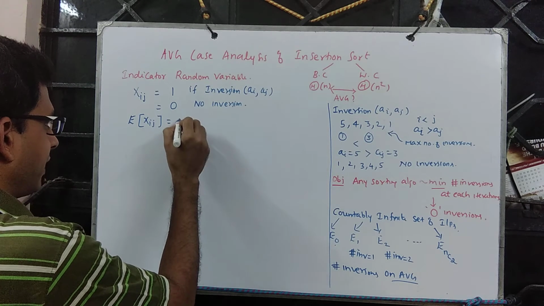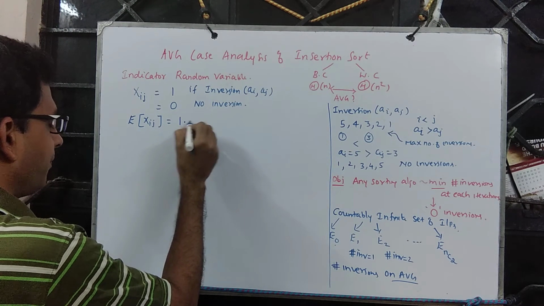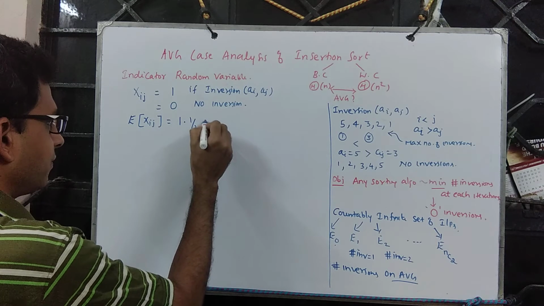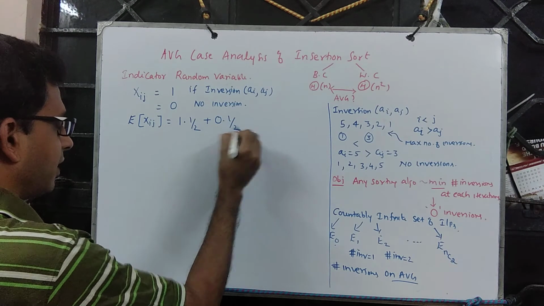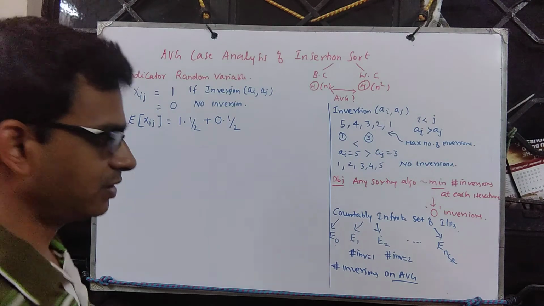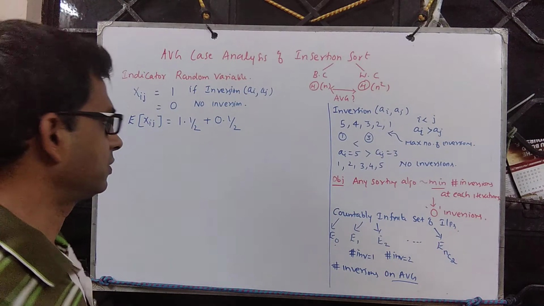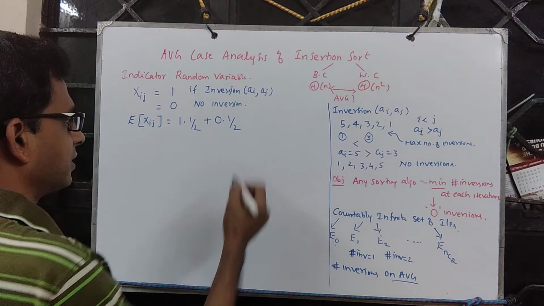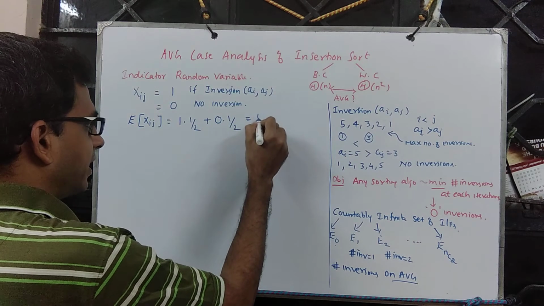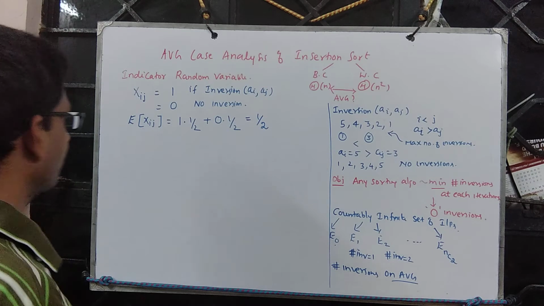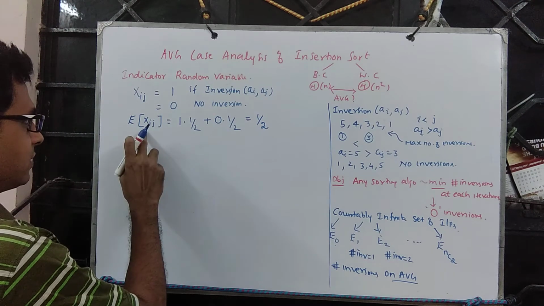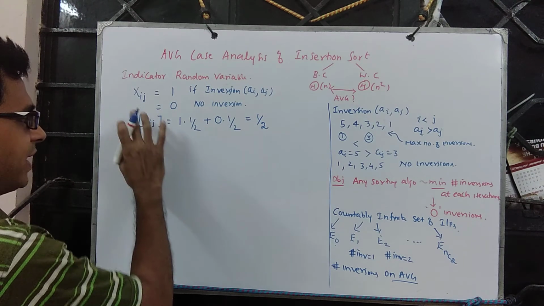The random variable takes the value 1 with some probability, or it takes the value 0 with some probability. Correct? There is an inversion or there is no inversion. So for each, it turns out that the expected value is this. This is with respect to one ij.